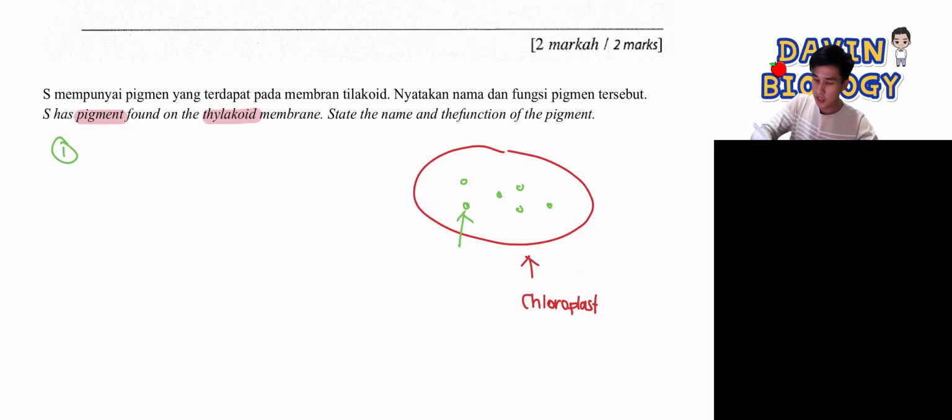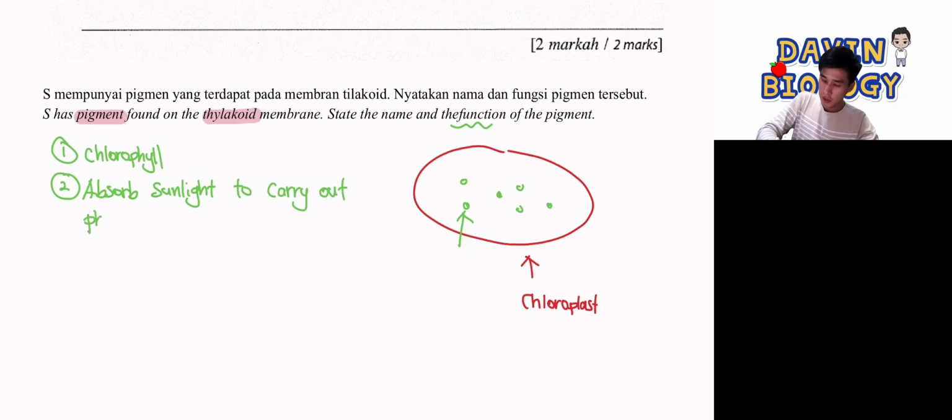So we name the pigment, which is chlorophyll. The function of chlorophyll is to absorb sunlight to carry out photosynthesis.